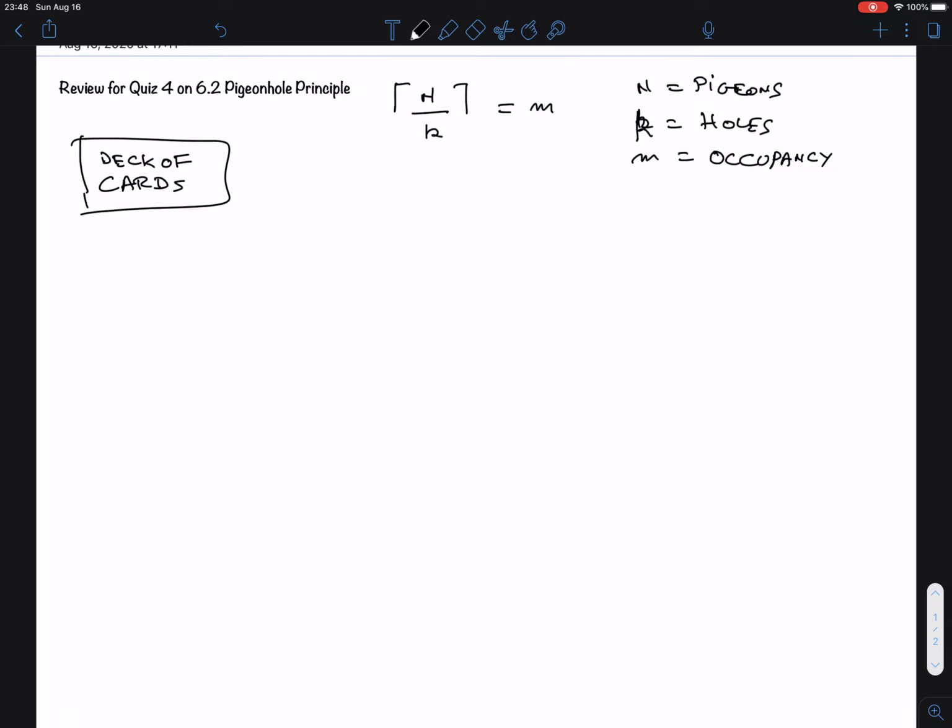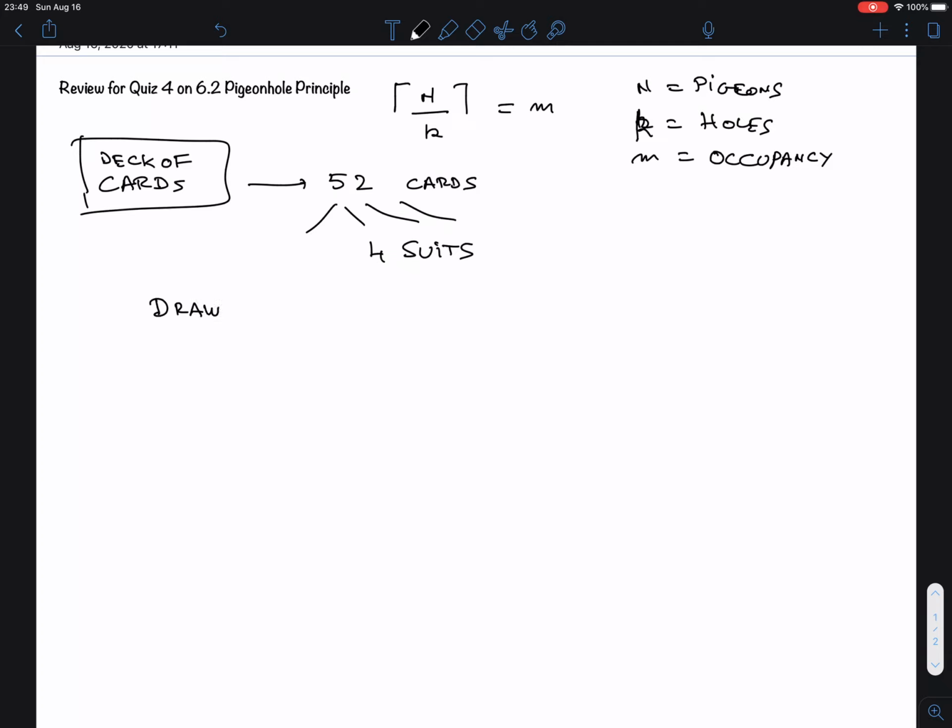So a deck of cards consists of 52 cards, and they come in 4 different suits. That means every suit has exactly 13 cards: the ace, the 2, the 3, up to the 10, and then the so-called 3 face cards, jack, queen, and king.